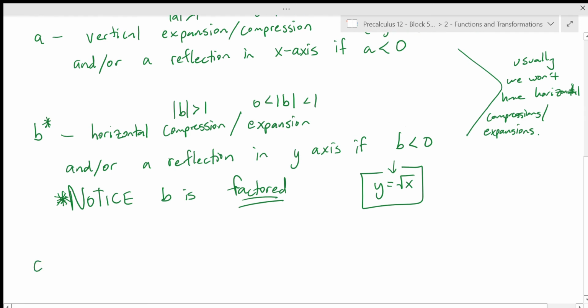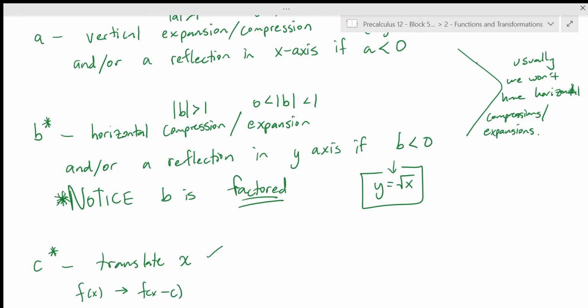So we have our C, that's the number added or subtracted. So this is a translate x. Okay, so when you have f of x goes to f of x minus c, this goes right if c is positive and left if c is negative.